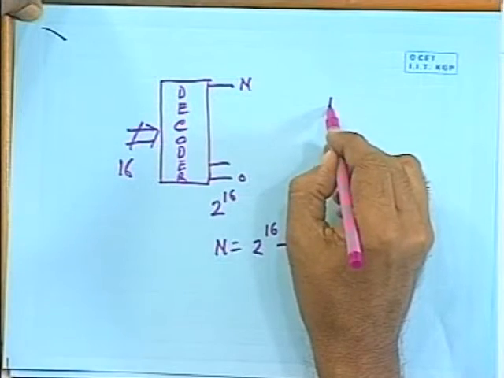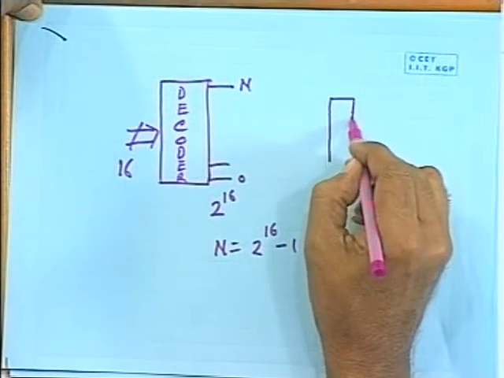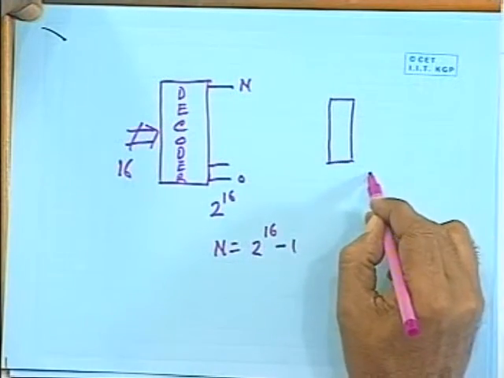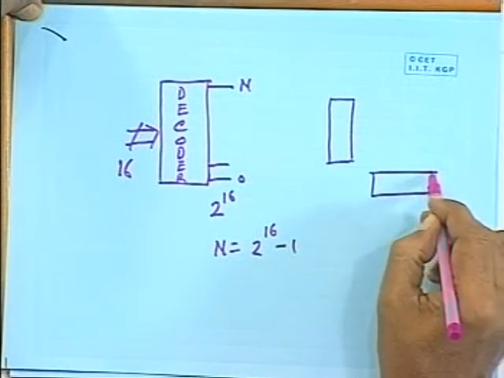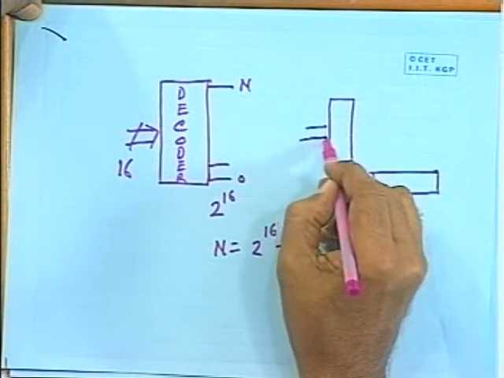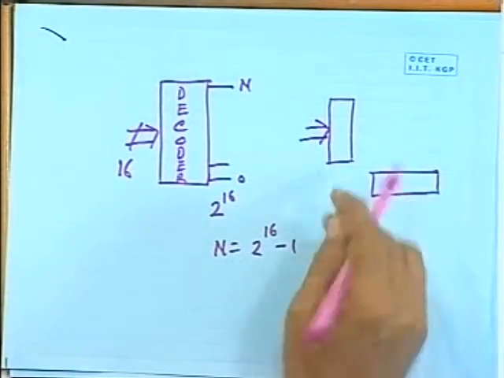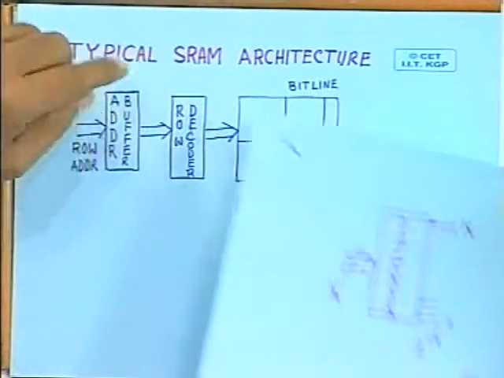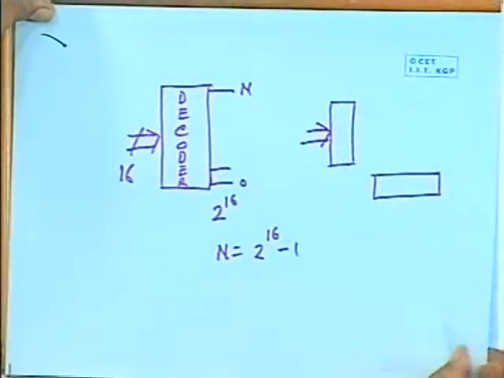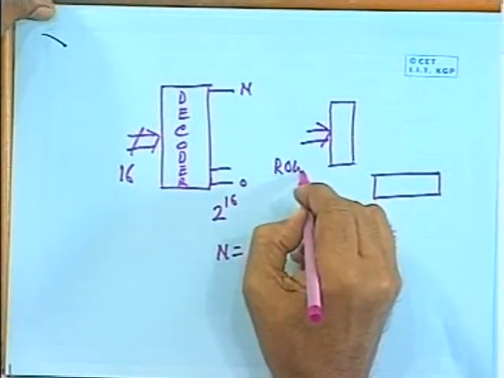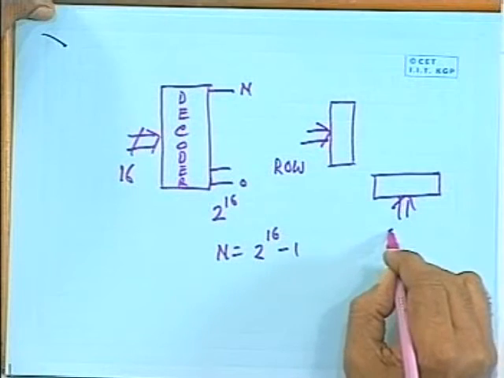On the other hand, suppose we divide it into two dimensions. The address lines are divided in two dimensions. Here we use, say, this is your row and this is your column.